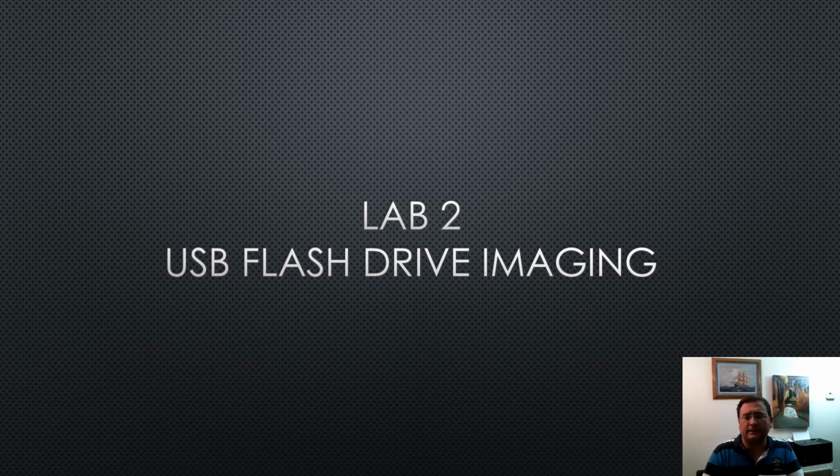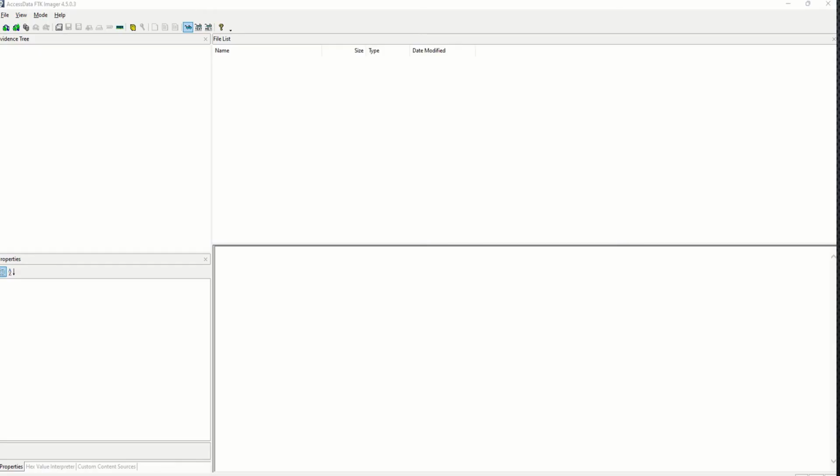And in this exercise, we are going to do forensic imaging in this lab too. You're expected to do the assignment as in this practice. You'll need to have a USB flash drive for imaging. The purpose of this assignment is to take the image of a USB flash drive using the FTK Imager.